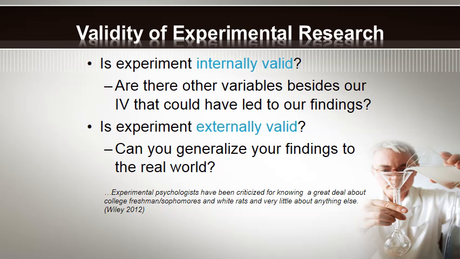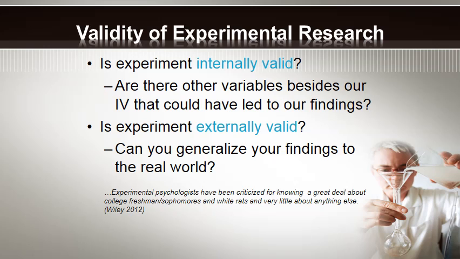A survey by Sears in 1986 showed that 75% of the research that was published in 1980 used college students as participants. So you have to think about, would other populations show those same results as college students? And we also know that many of our old research studies have used only male participants.